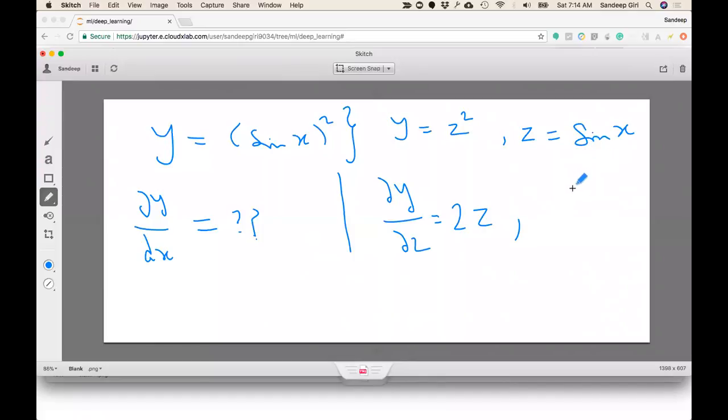So basically it is that same mechanism that has been followed. Now dz by dx, meaning what is the rate of change of z with respect to x? How much is that? My handwriting is a little bad, not a little, actually quite bad.